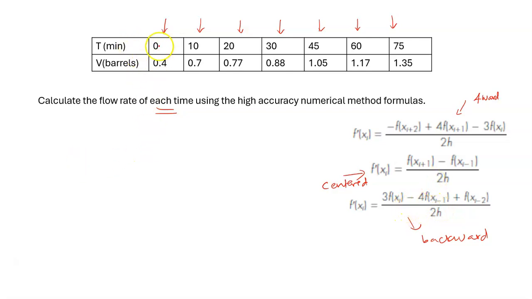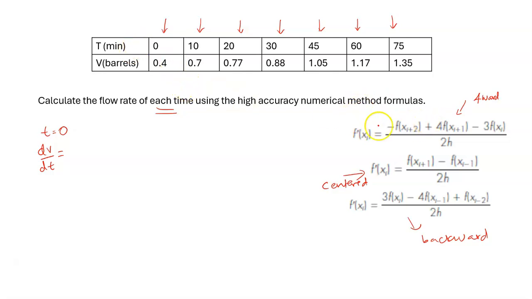So for instance, we go for the first data, which is t equals 0. We want to find dV/dt, which is the flow rate. For t equals 0, you notice that you only have the data after 0. You don't have the backward data. You don't have time equals negative. What is the method that you can use here?